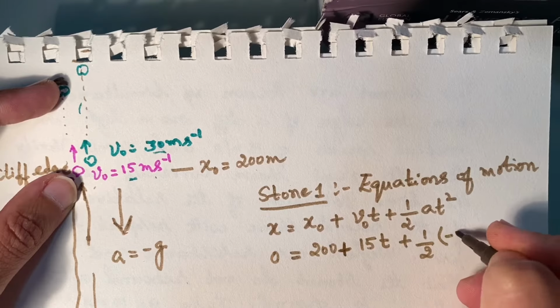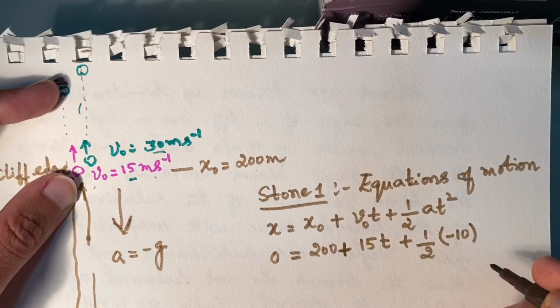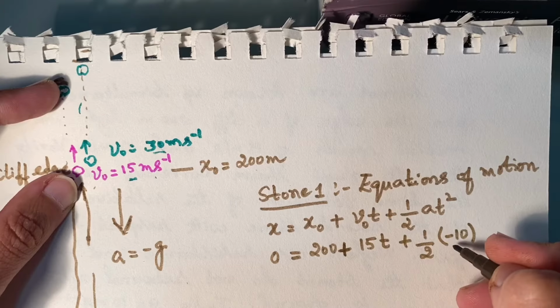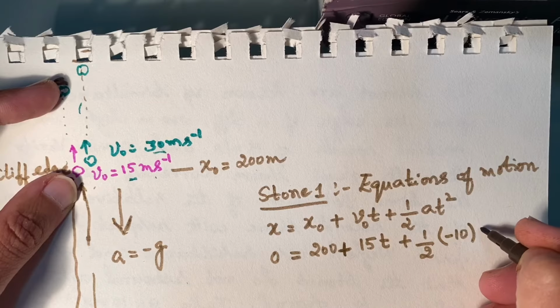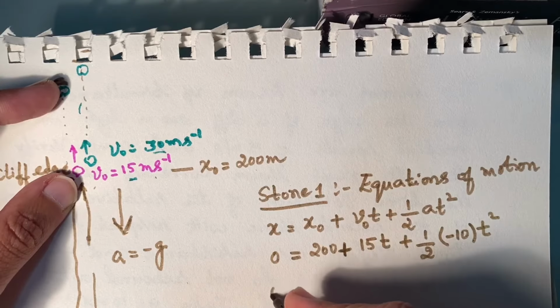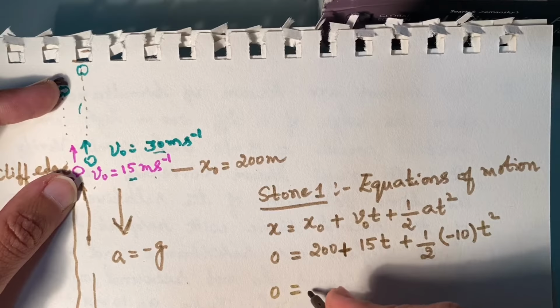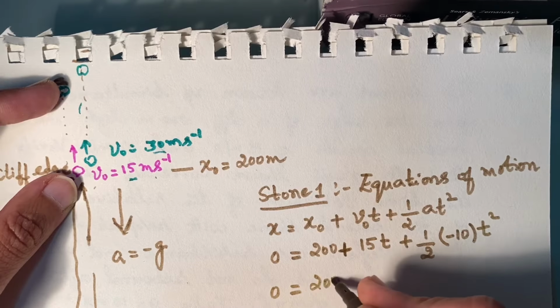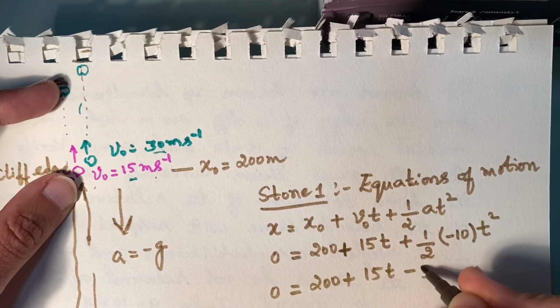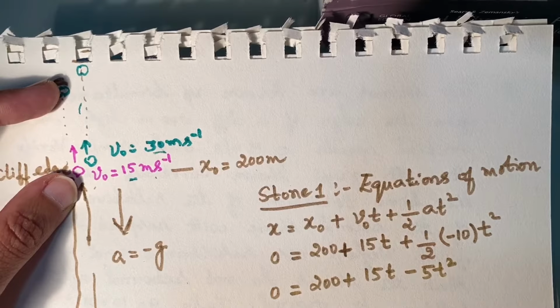Since it is in the downward direction, the usual convention we always use for the downward direction is minus. So minus 10 for acceleration and t square. Okay, so I'll further simplify this. This would be 200 plus 15 into t minus 5t square.